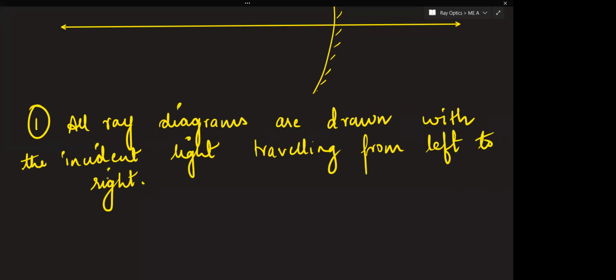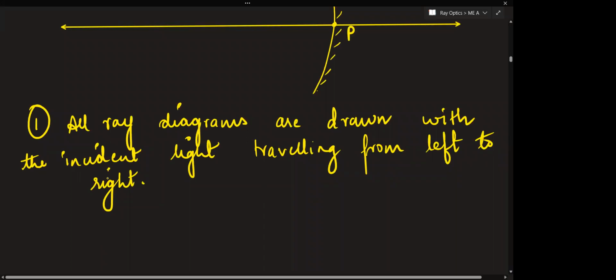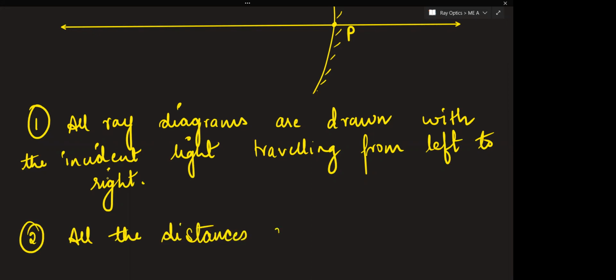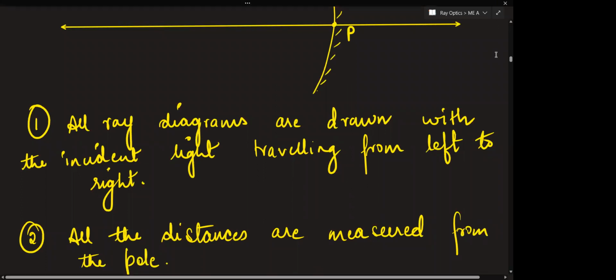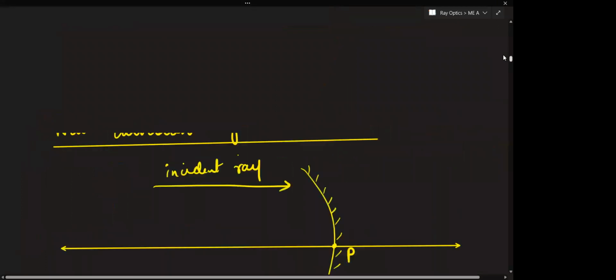And the second point is that all distances are measured from the pole.